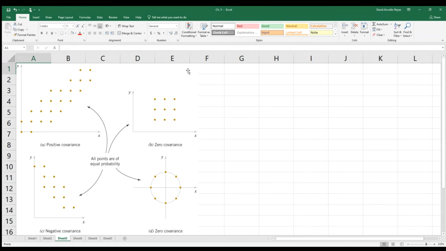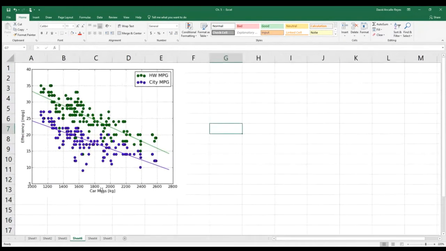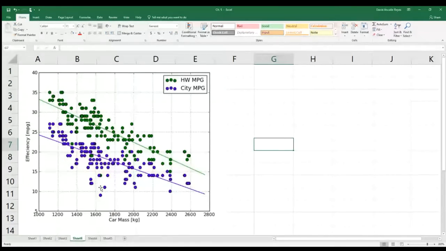So, yeah, these are some examples of covariance. There's another example that I got from the internet. I know nothing of cars, so don't make me try to explain it. But essentially, it's car mass versus car efficiency. Are smaller cars more efficient? When I say efficiency, it's mileage per gallon.